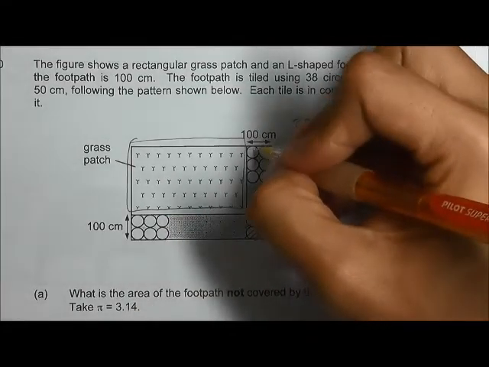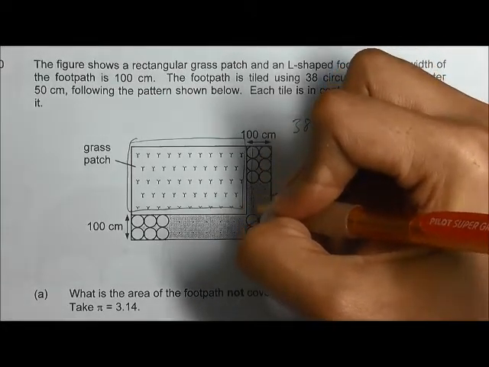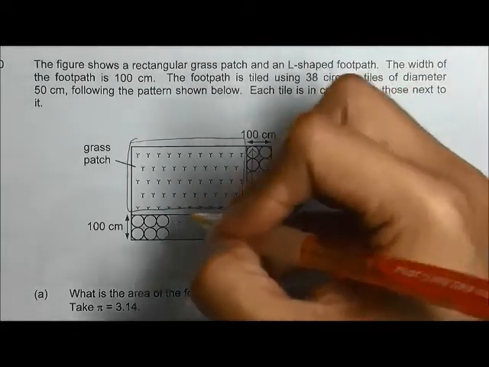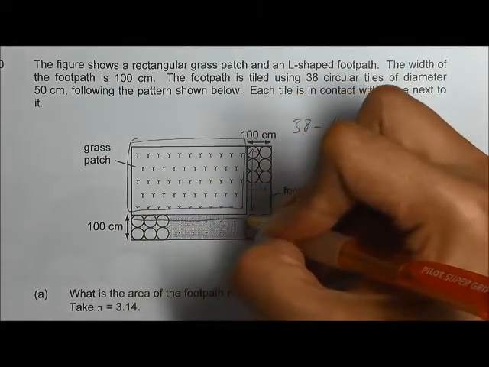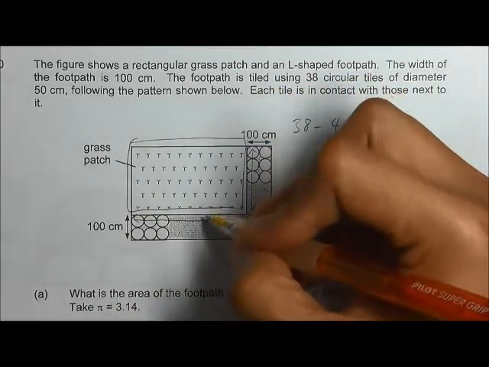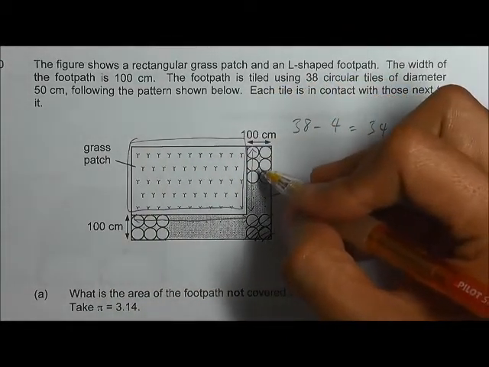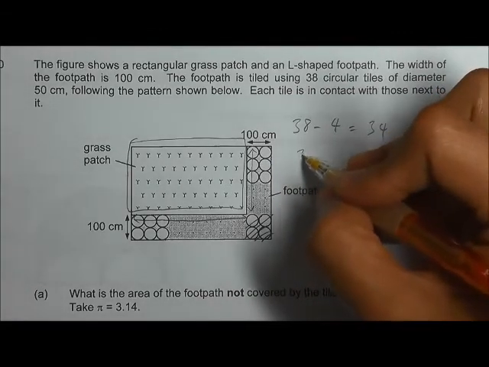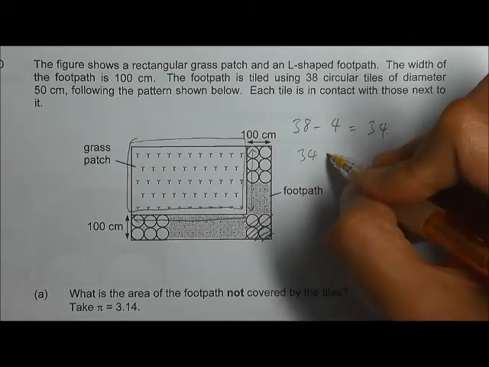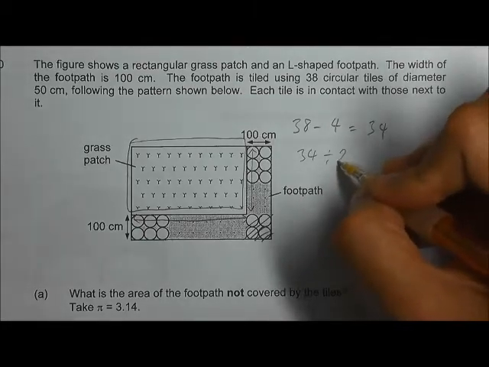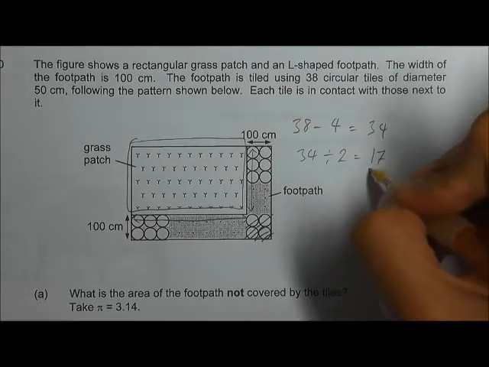So I just want to focus on the layer that is beside the grass patch. With that, we will divide the number of tiles by 2. 34 divided by 2 will be 17 tiles.